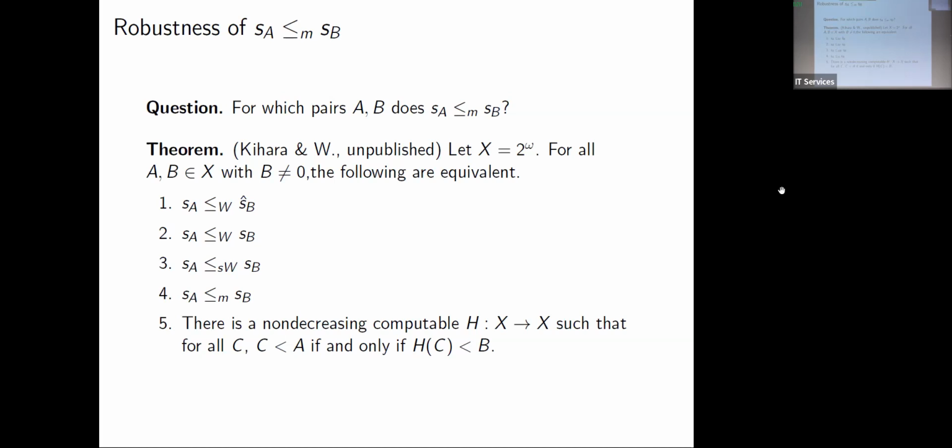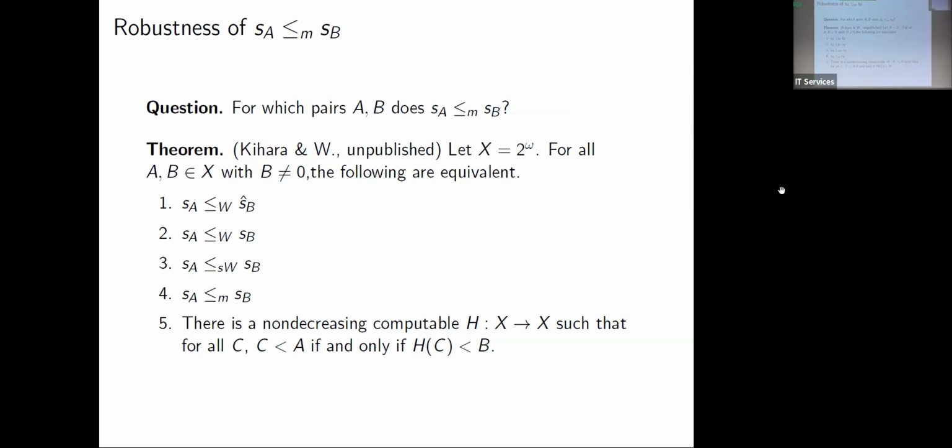And there's even a weaker thing, where not only is there a function that translates inputs to the step function at A into inputs to the step function at B, but you can make that function be non-decreasing. So the point of this theorem is just to say the question actually is quite a robust question.